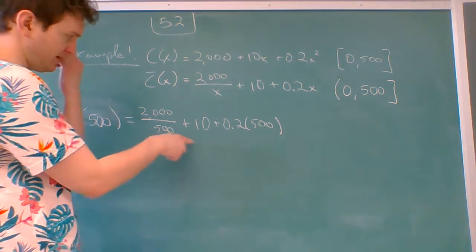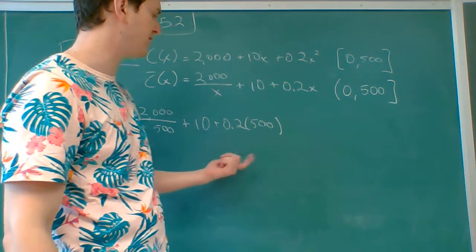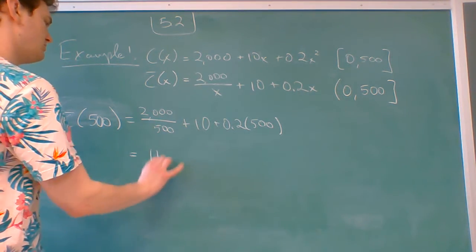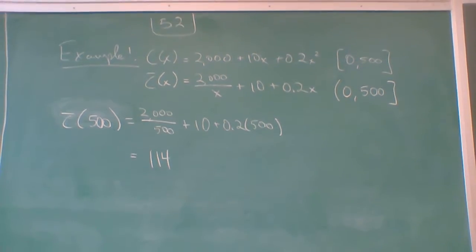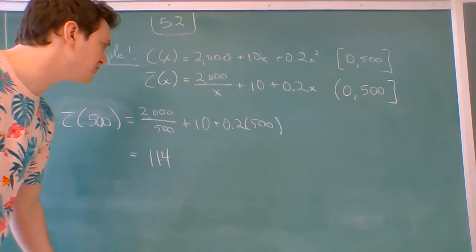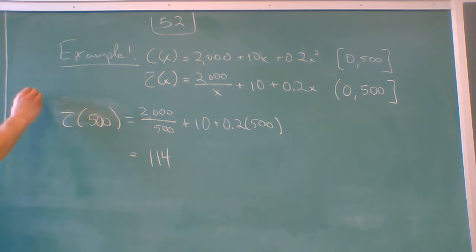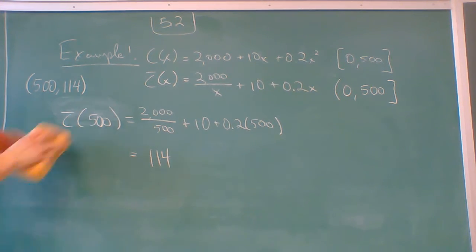This is 4 plus 10 is 14 plus a fifth of 500 is 100, so getting 114. Okay, so we have one potential extreme value here at 500, 114. That's just coming from the endpoint.